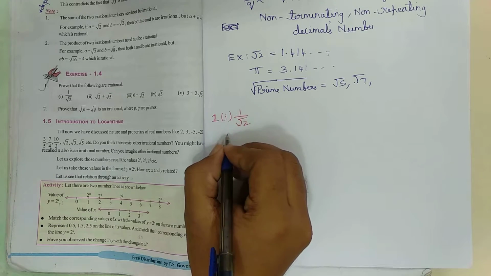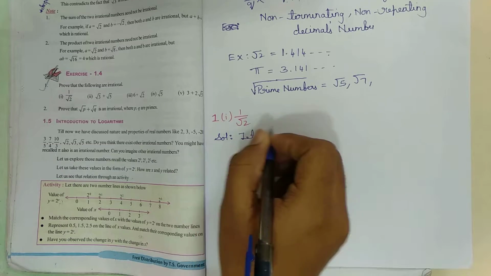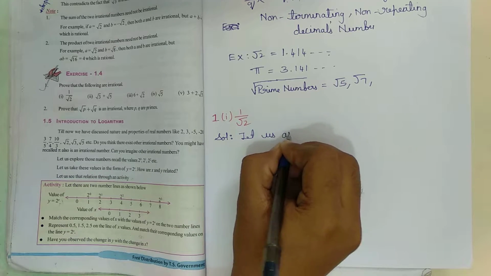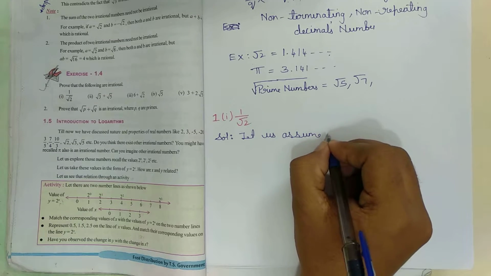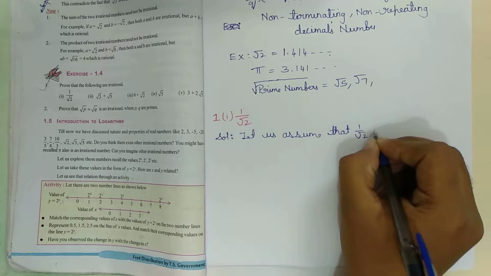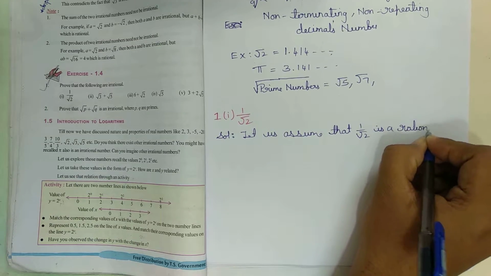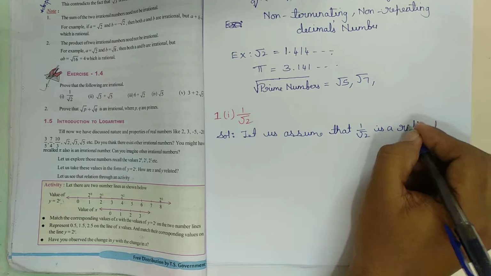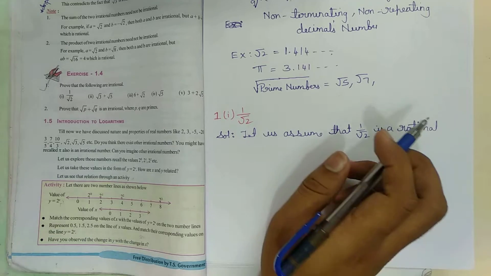Before proving that, let us assume that 1 by root 2 is rational. First we will take 1 by root 2 as a rational number.